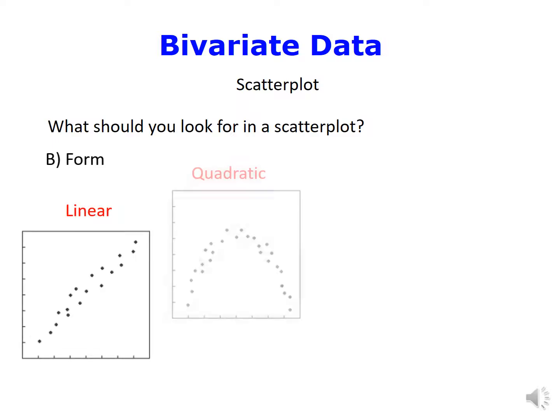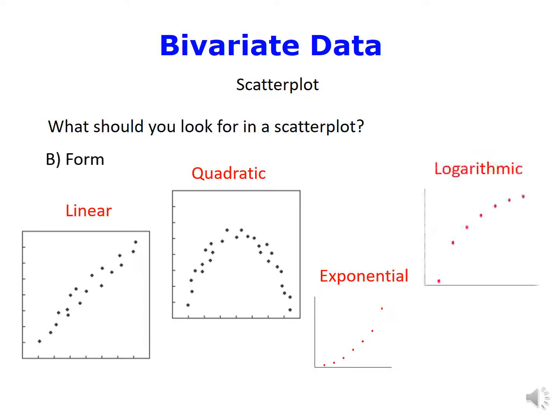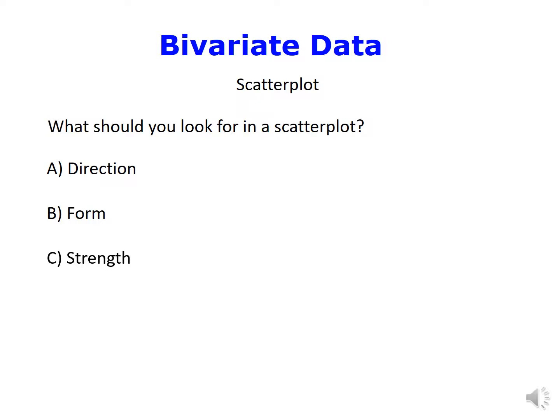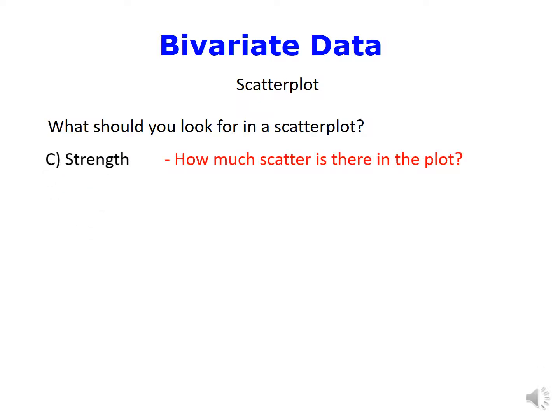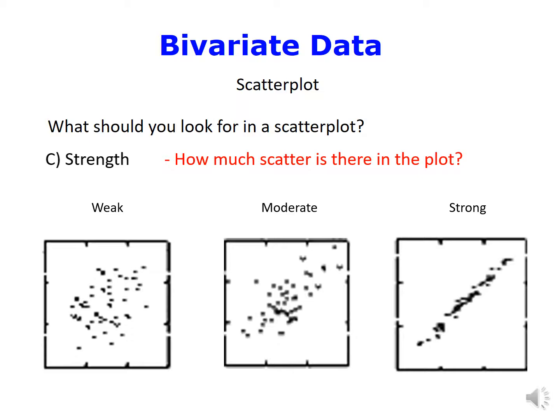So we could have linear, quadratic, exponential, logarithmic, any function you can come up with, there can be a form. And then strength is how tightly the points are scattered together. So here we have something very weakly correlated, here we have moderate strength, and then here we have very strong strength in our scatter plot.